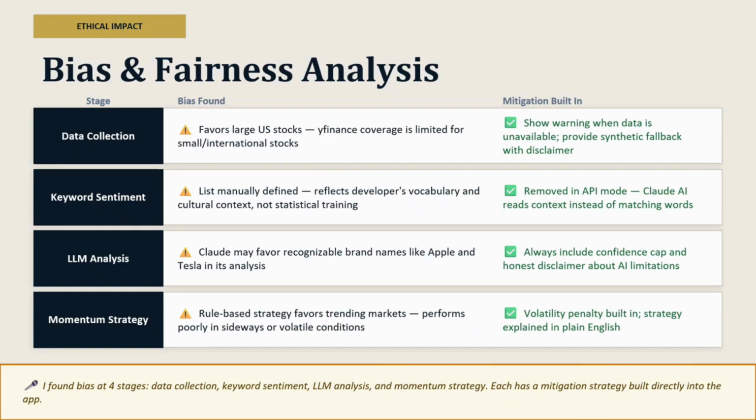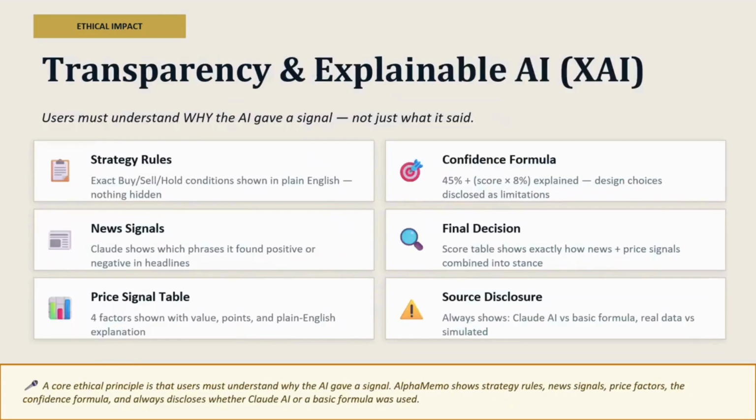That plain English explanation ties into my next focus, explainable AI. The core ethical principle: users must understand why the AI decided, not just what it decided. The app shows the exact buy, sell, or hold conditions in plain English.